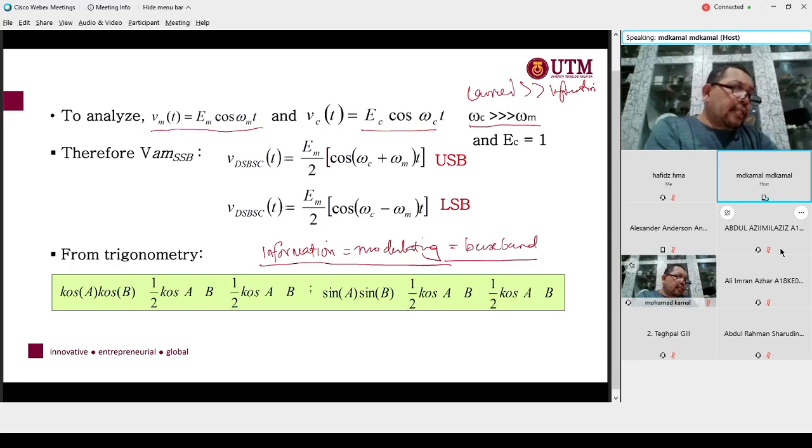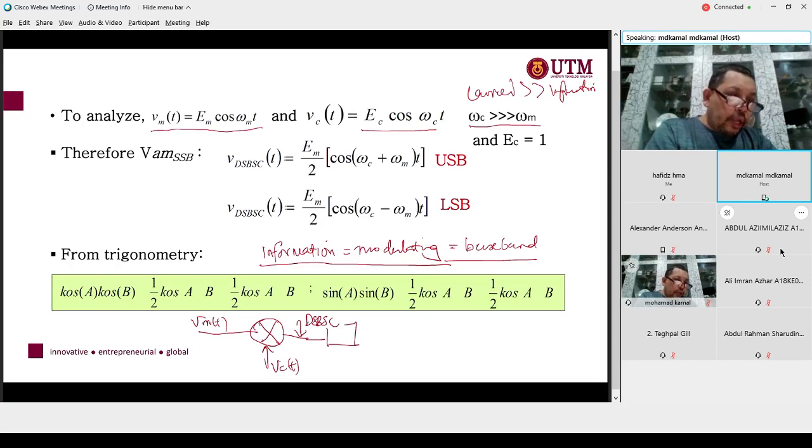Let's say this is the example. VMT is EM cos omega MT, VCT is EC cos omega CT, right? So you have the signals VMT and VCT here. Usually I just put a multiplier only. So here is a double sideband suppressed carrier signal.